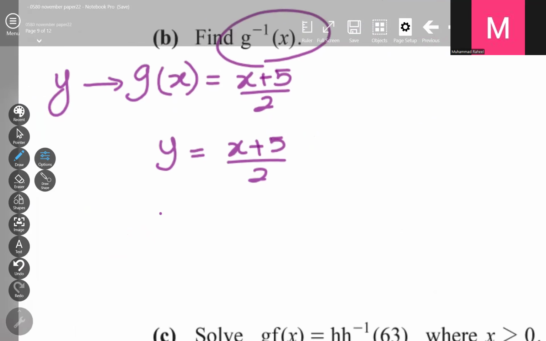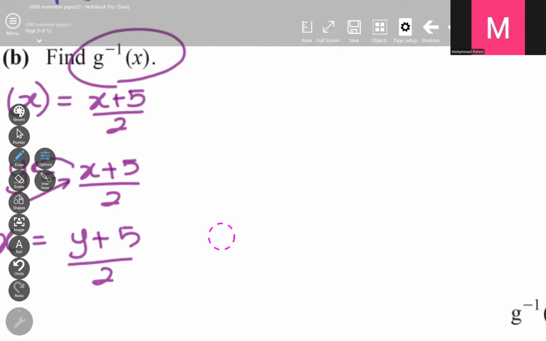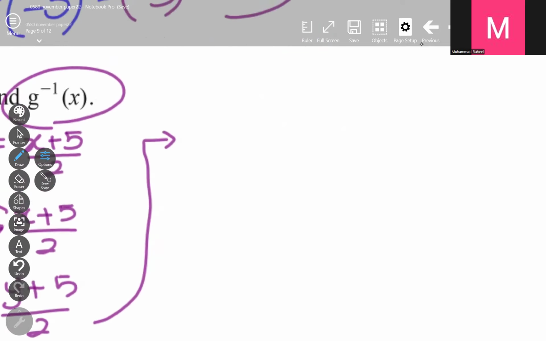So now we swap x and y, so x is equal to y plus 5 over 2. Now we want to make y the subject.